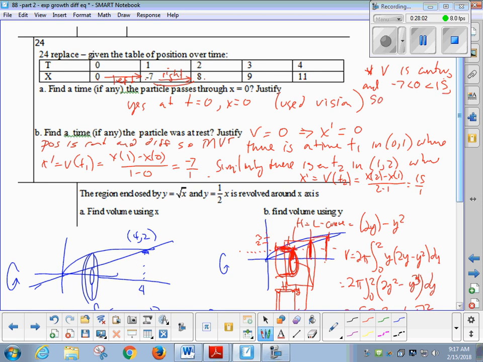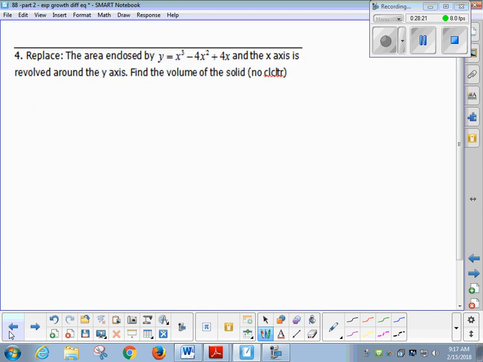So by IVT, there must have been a time when velocity was 0. You follow? That was tough. Those happen every 3 or 4 years on the AP test, so hopefully you'll get lucky and not have to do that much writing, but you never know.